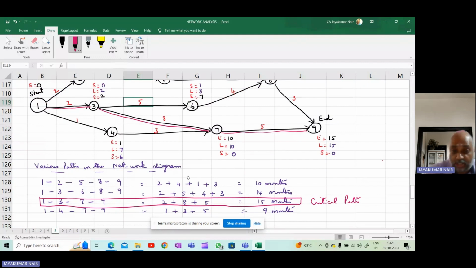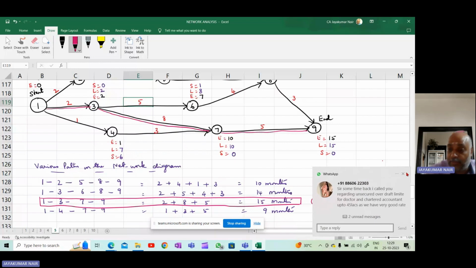If you do not, then you will not be able to complete the project within the deadline. So here you will be able to complete the project in 15 months. Do you understand? If you delay any activity on the critical path, then you will not be able to meet this deadline.